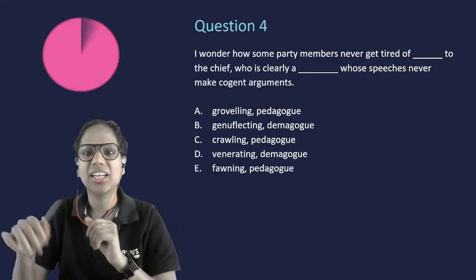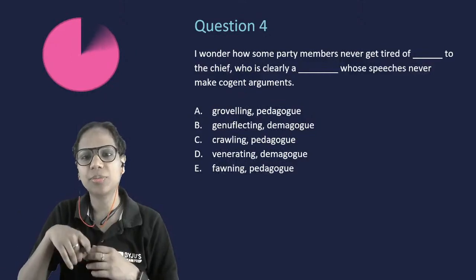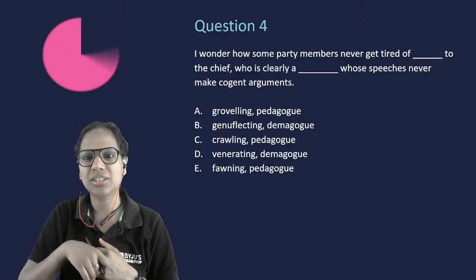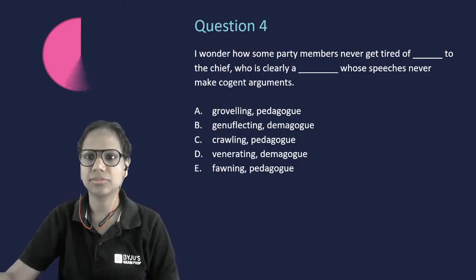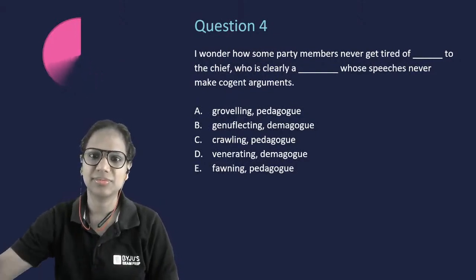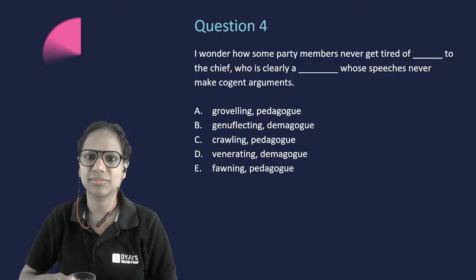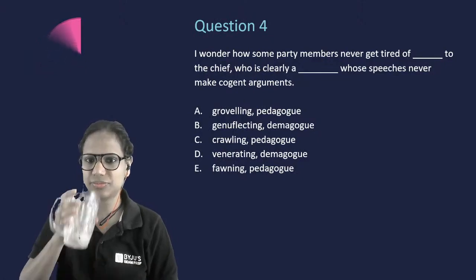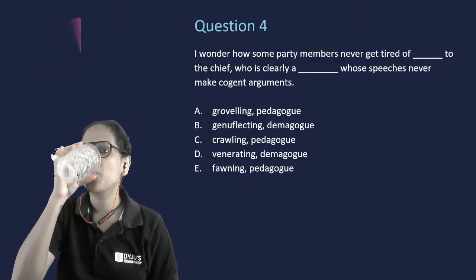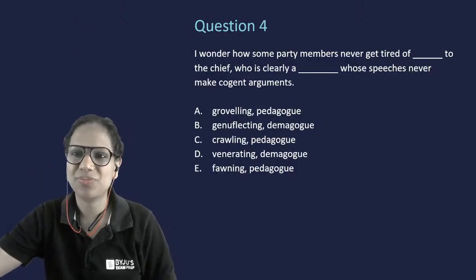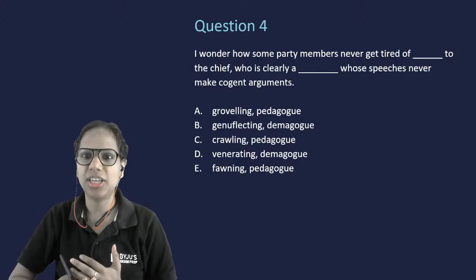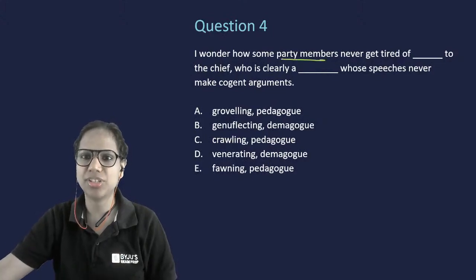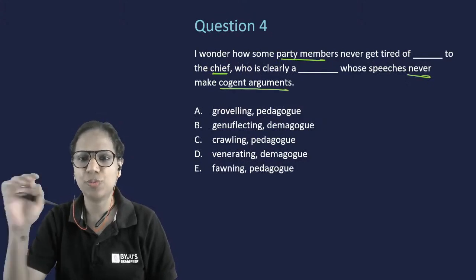Okay. Let's have a look at these five options because some of your exams have five options. Let's see what you say. Okay. Party members, chief, he never makes cogent arguments.